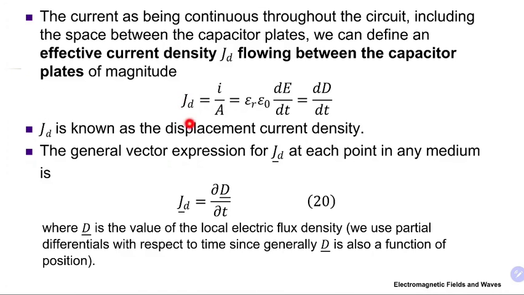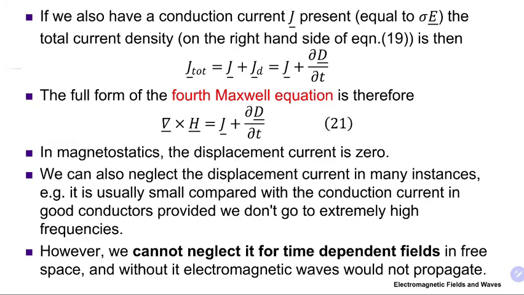The displacement current, JD, is dD/dt, and therefore you end up with your Maxwell equation: curl of H equals J plus dD/dt. So in magnetostatics, the displacement current is 0, but in a time-dependent field, which means a propagating field, you have to include the displacement current.